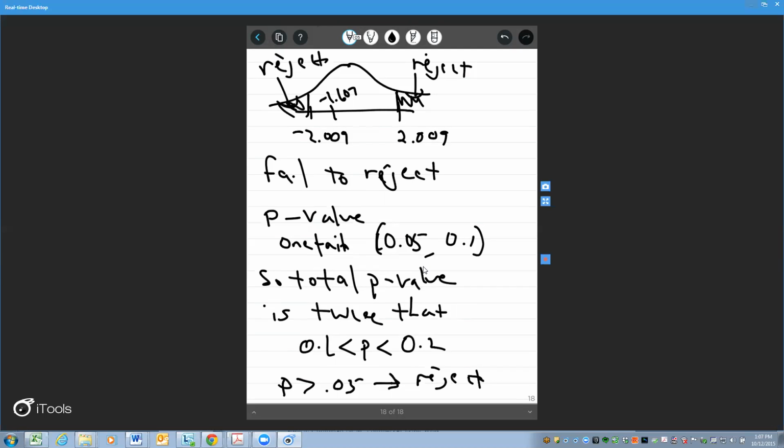We've set a threshold that we would need to observe that less than 5% of the time in order for there to be a problem. Well, this says we would observe it between 10 and 20% of the time. That's not an anomaly. So therefore we cannot reject.